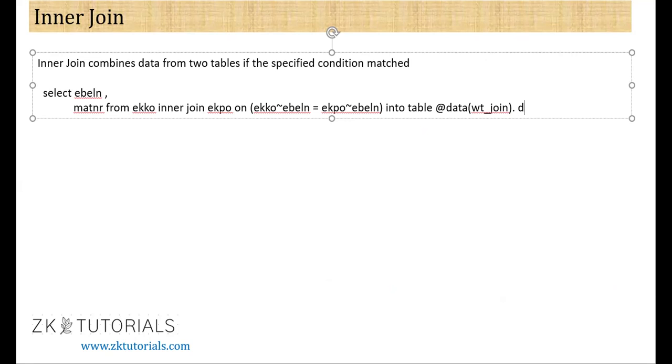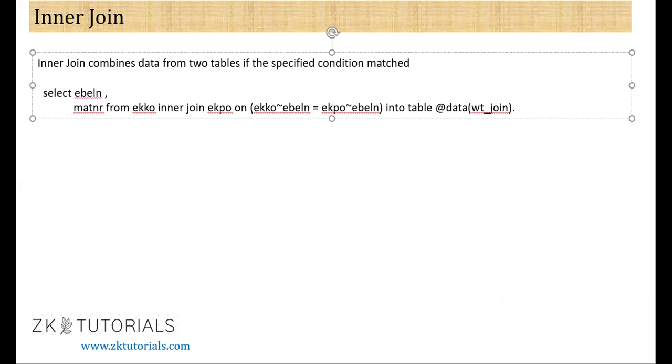This is what we used to use in our core ABAP select query. The same scenario we have to follow here also. So inner join combines the data from two tables; if the specified criteria are met, then it will have the data from both tables.